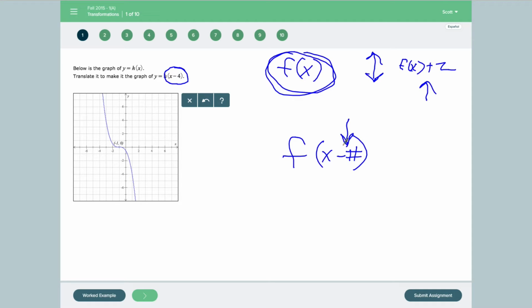If it's inside the parentheses here, then we know we're moving left and right. But the thing to watch out for is that sign is backwards from what you might think. If we're adding, we're moving to the left. If we're subtracting, we're moving to the right. Unlike here, where you're doing the y, if you're adding, you move up. If you're subtracting, you move down. Okay? So those are the 4 things you need to remember.